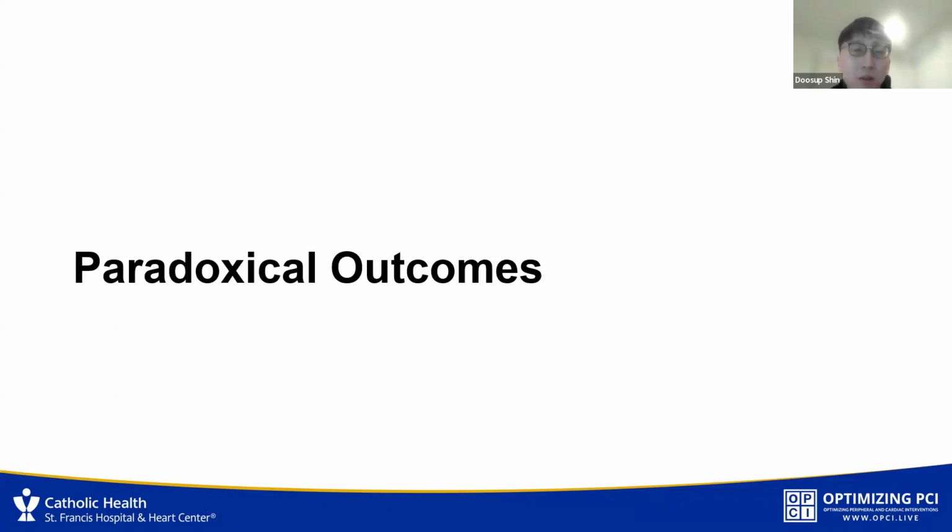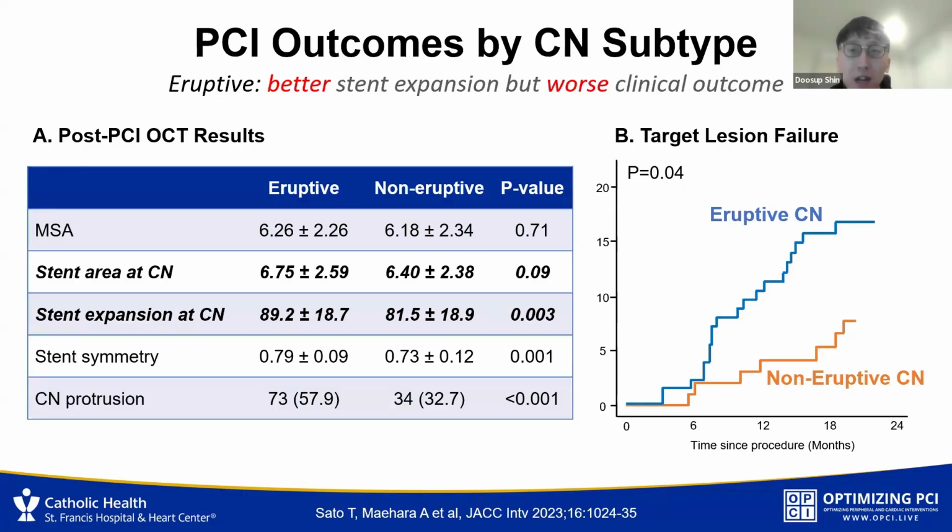Lastly, I will briefly talk about paradoxical outcomes. As I mentioned earlier, eruptive calcified nodules tend to be more deformable, while non-eruptive calcified nodules may not be. So this actually resulted in better stent expansion with the eruptive calcified nodule.